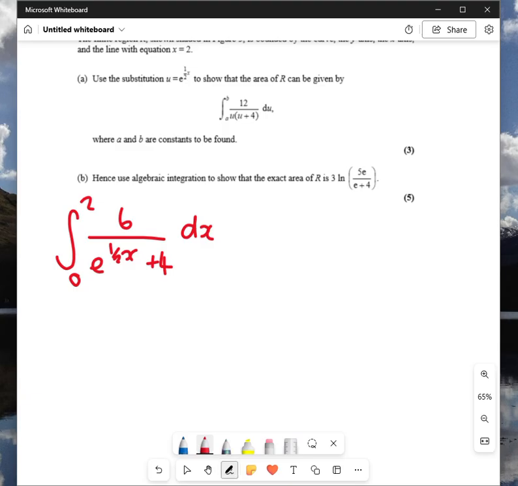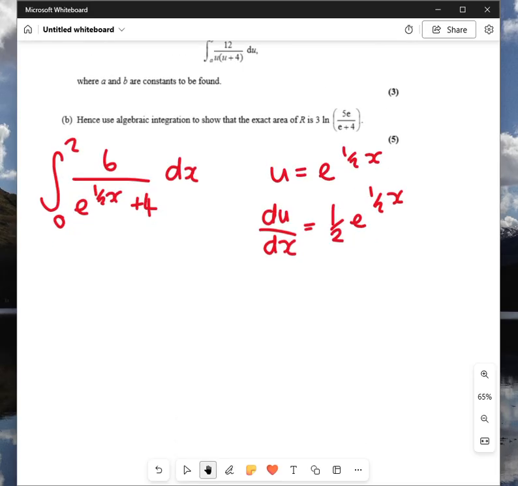So let's start with u is equal to e to the half x. I'm going to first of all think about writing dx in terms of du. So let's do du by dx and differentiate that. That will bring the half in front, so it'll be a half e to the half x.